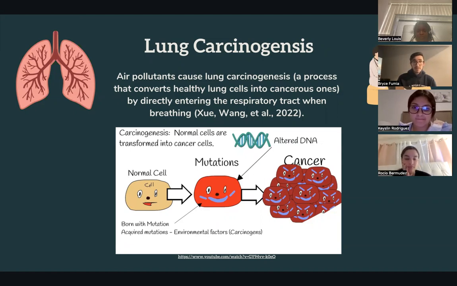This is a process that converts healthy lung cells into cancerous ones due to mutations in altered DNA, which can be encoded by environmental factors or carcinogens. You could also be born with mutations and acquire them throughout time.